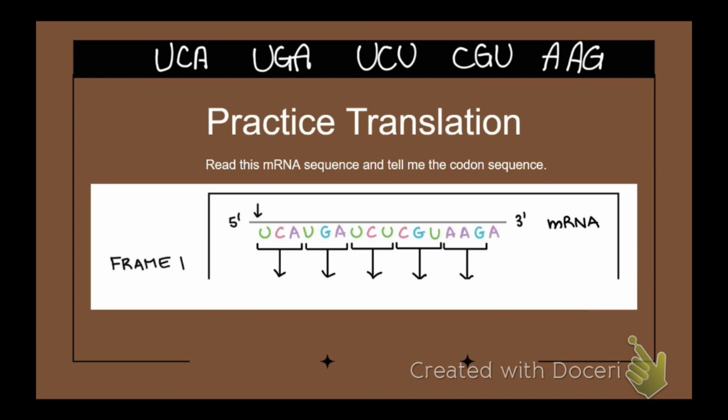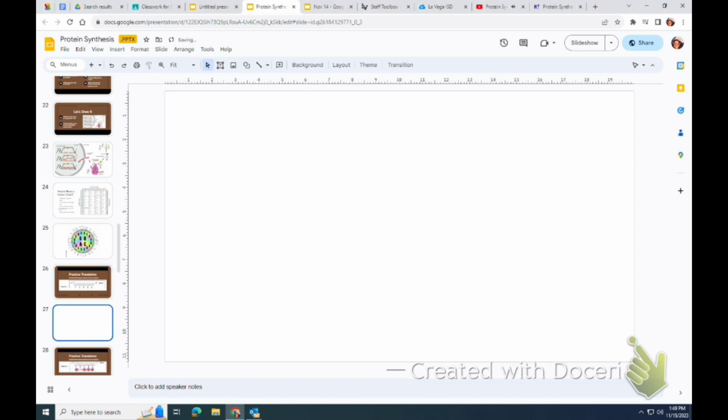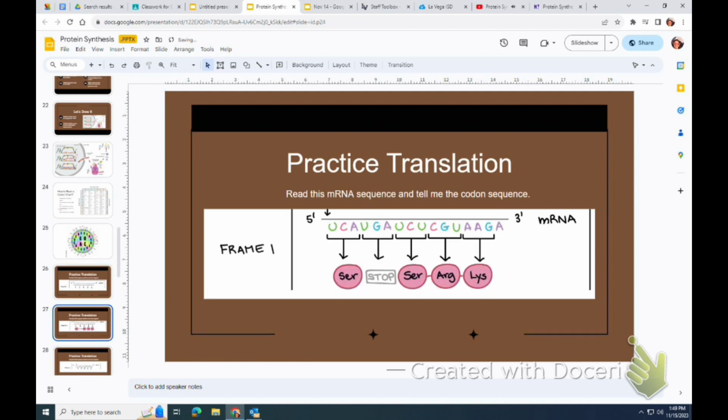We're fixing to do a gradual release of practicing this skill. So if you would, turn your attention to my screen. We're going to be looking at a piece of paper now. All right. So my first sequence were what three letters? Tell me. U, C, A. So we're going to start with our circle, okay?